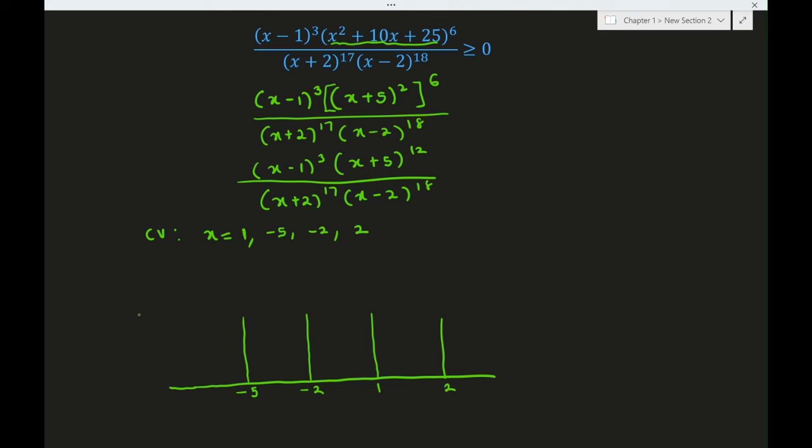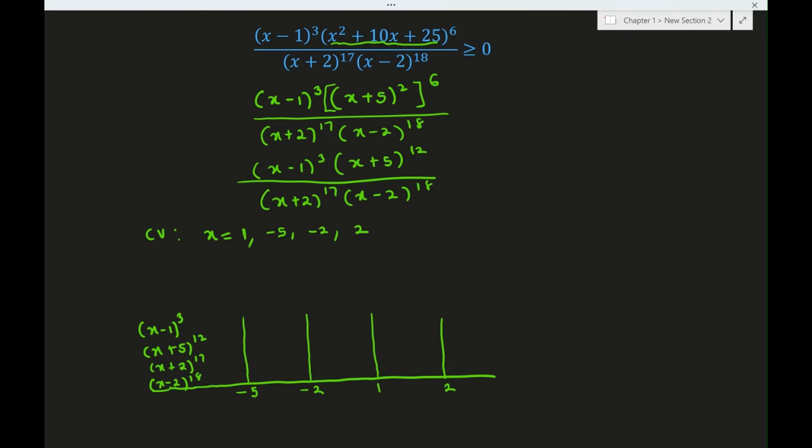These are the factors: x minus 1 to the power 3, x plus 5 to the power 12. Then from the denominator, we have x plus 2 to the power 17, then x minus 2 to the power 18.